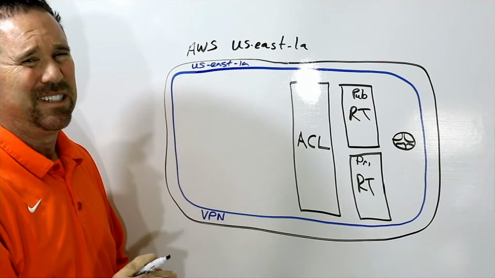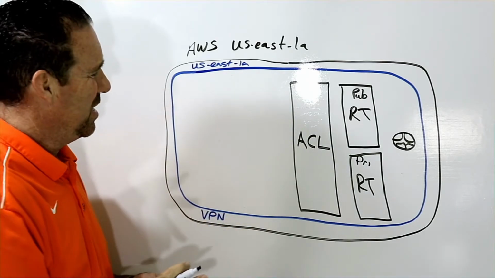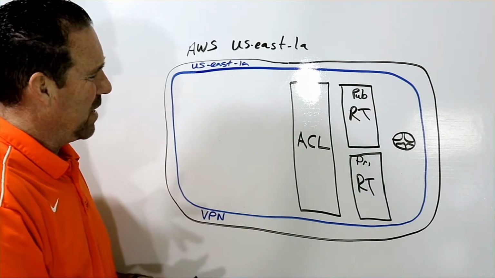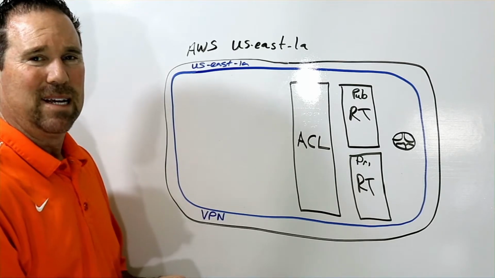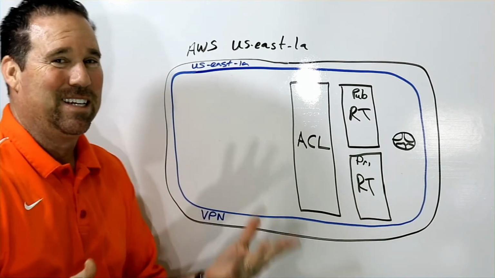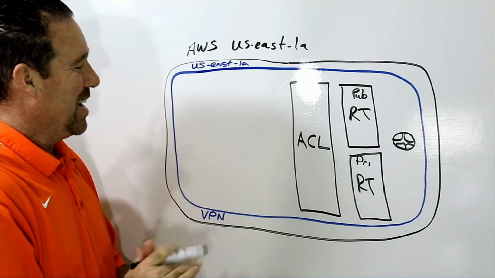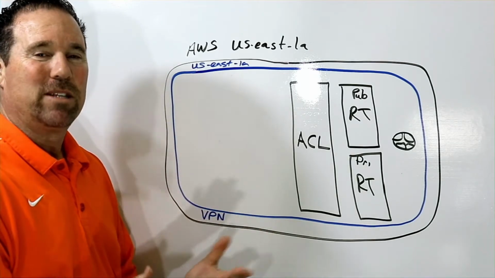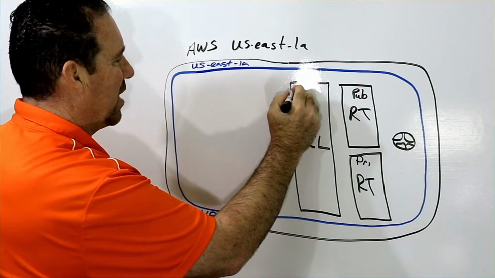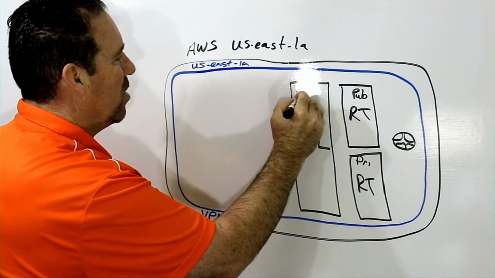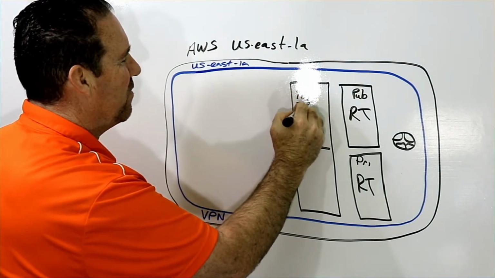It's not it. The C is something. I forget what it is. But access content list, access something. It's some kind of list that allows you to bring traffic in. This is where they make some rules to put in here. And you'll have like a rule 100 or 101 or 200 and 400.